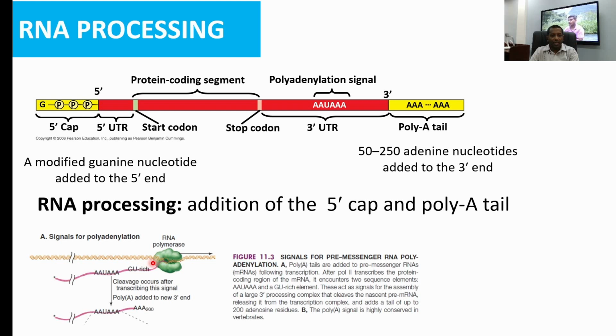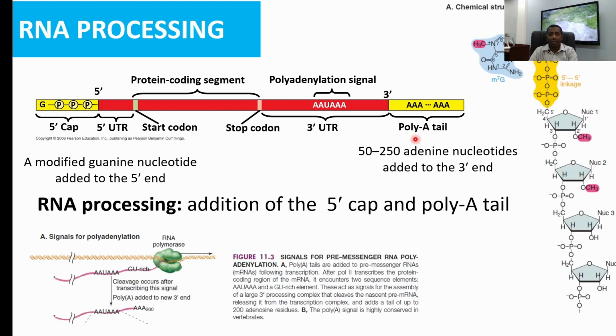So the poly A tail is added to the 5 prime end as the RNA polymerase transcribes the DNA, and here I have the structure of a 5 prime cap.